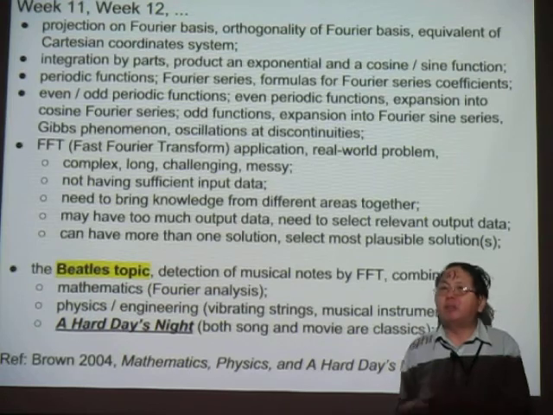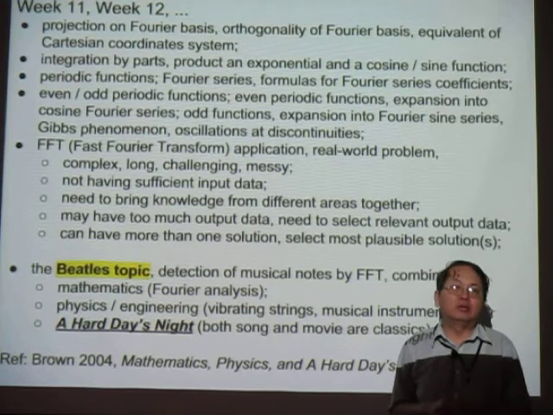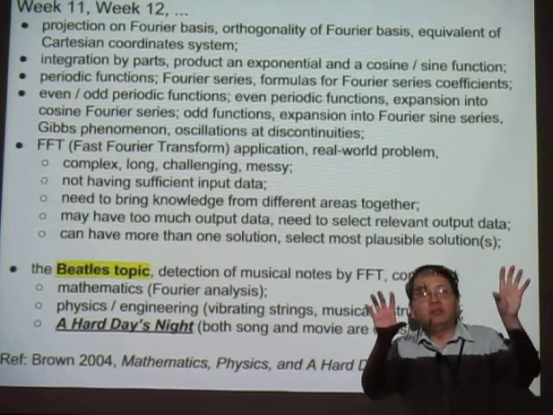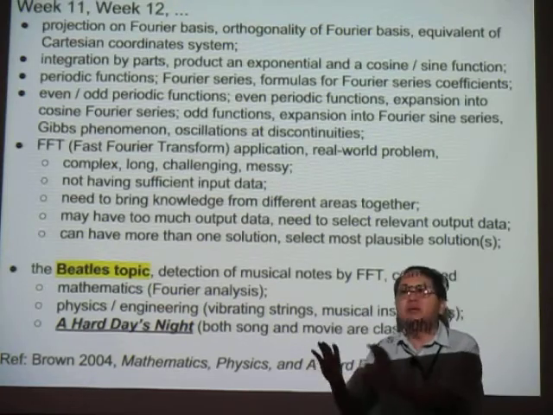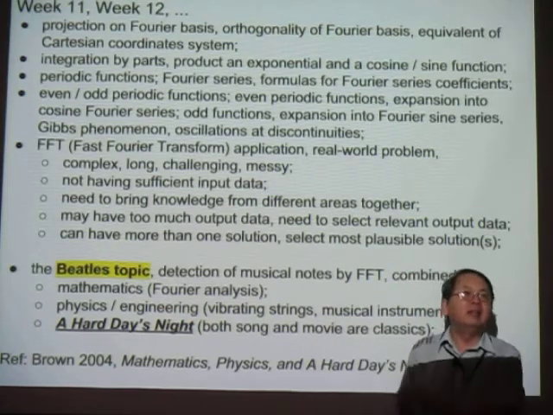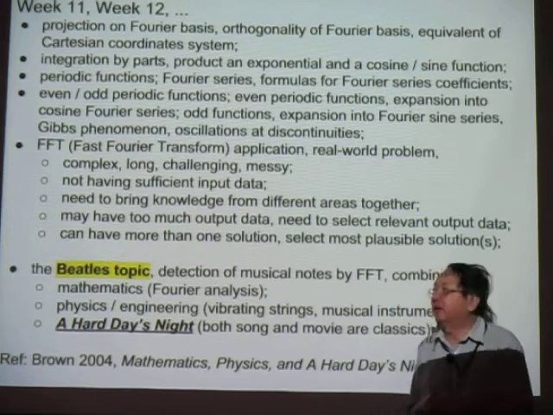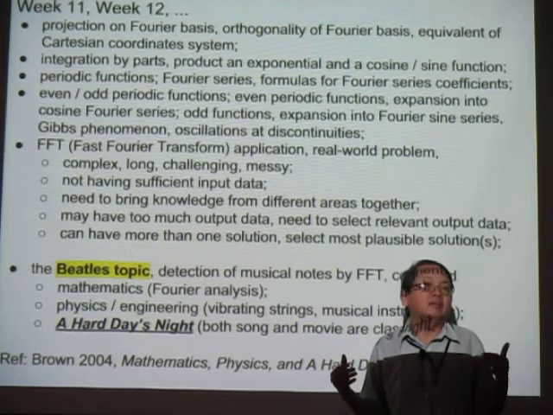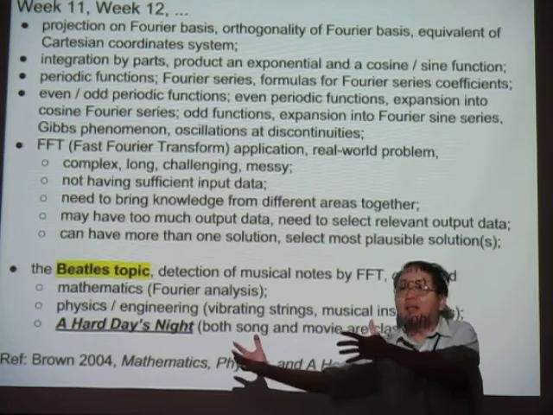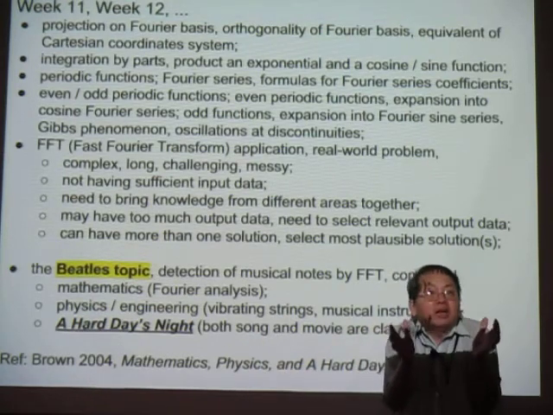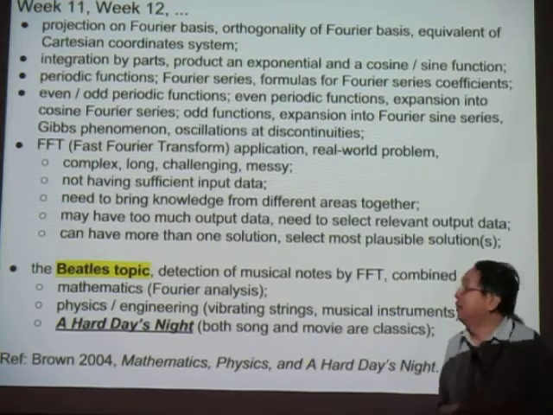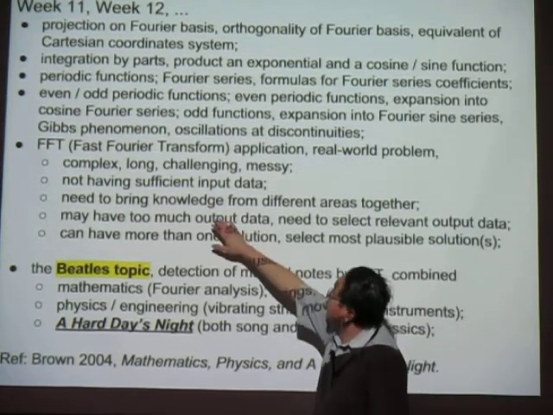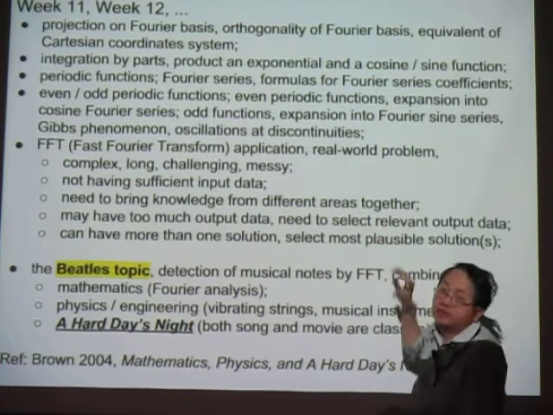In a typical problem that has a solution in the instructor's manual, you have all the numbers, and all you need is to put all of these numbers in the problem statement in the solution, and things work out, right? Sometimes in a real world problem, you don't have enough data, or you have more data than necessary, and you need to select which part of the data you need to use. And you need to bring knowledge from different areas together.